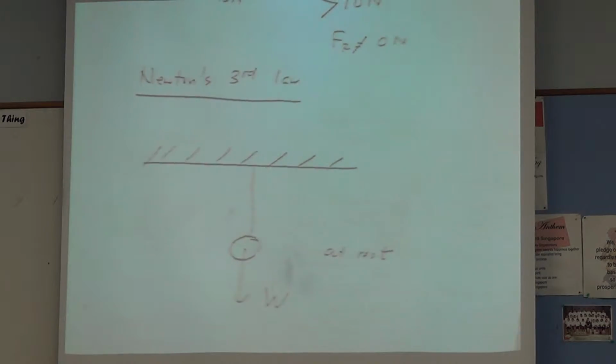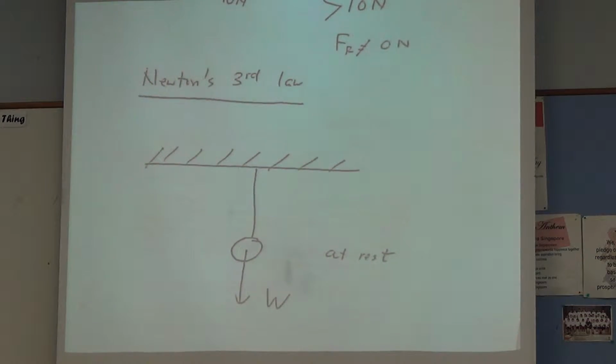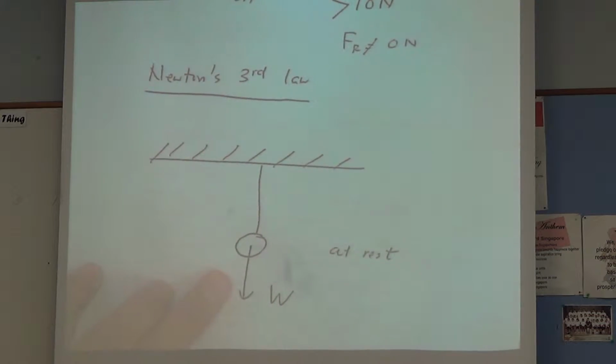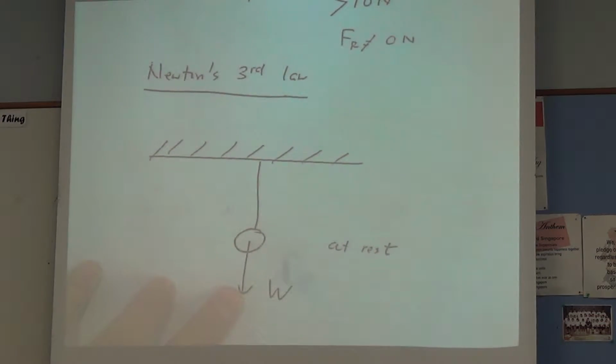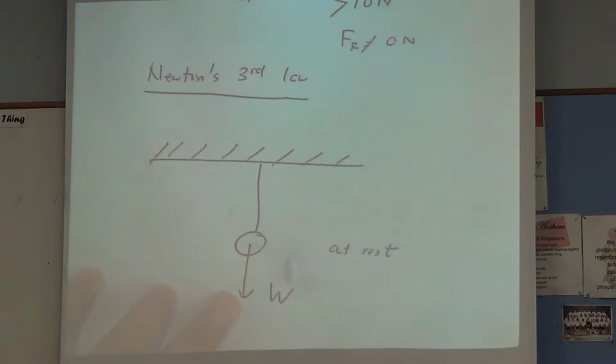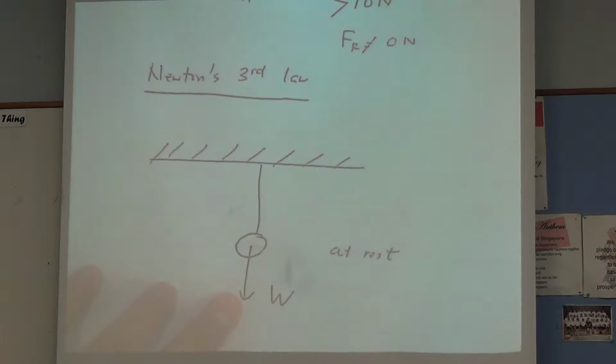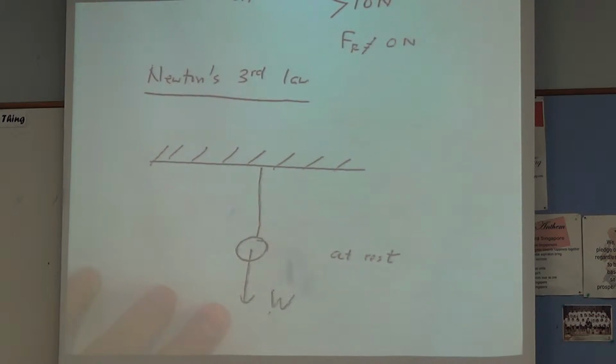Now, as you remember, in Newton's first law, if this object is at rest and I have a weight pulling it down, what must be present? Think of it. It is at rest, but I have a weight pulling it downwards. What else must be present?